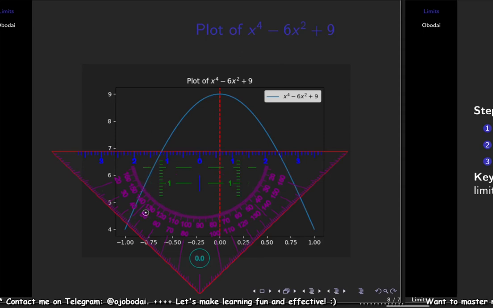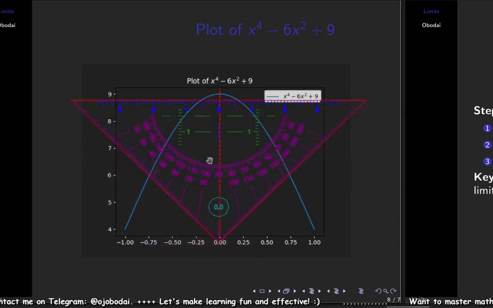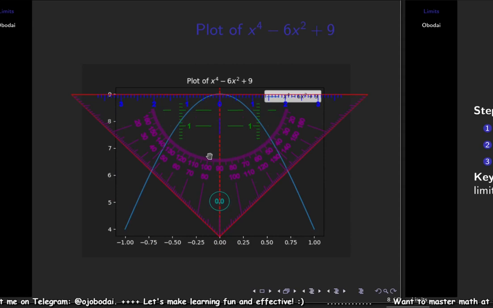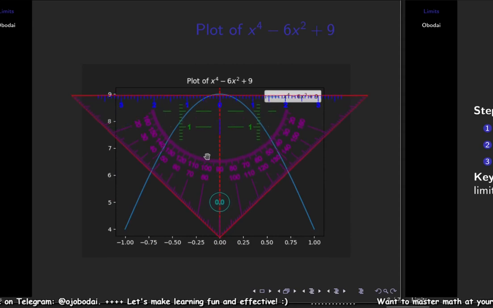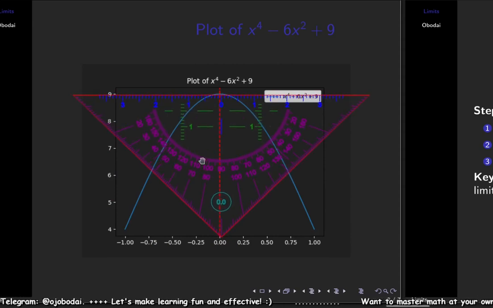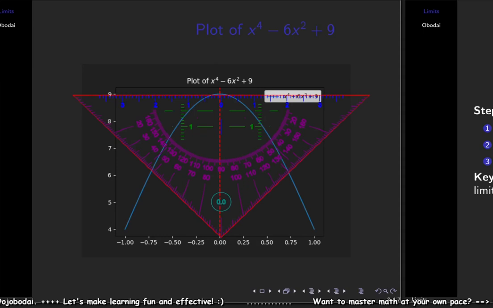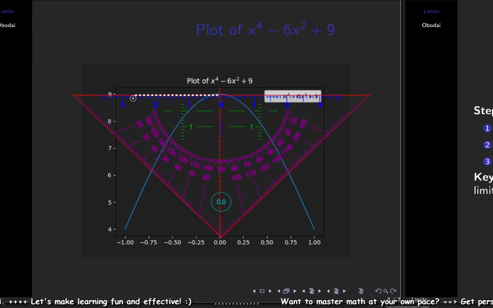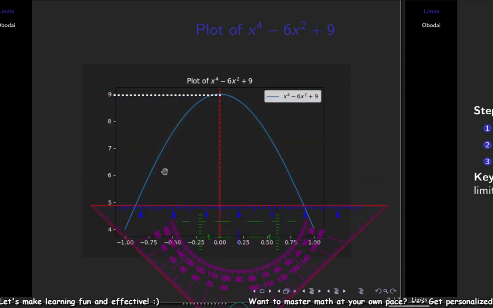So I'll just move my ruler to x equals 0. And as you can see, it is exactly on the point what? 9. Or I can choose to draw a line to illustrate that. So this is my line here. Easy. And you can see the point it touches exactly on our 9.